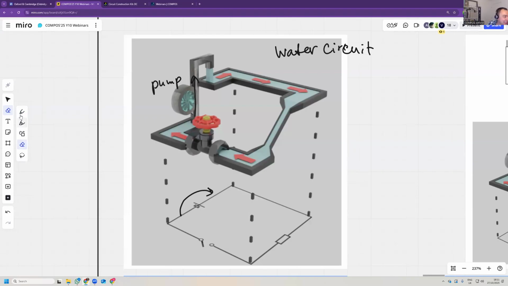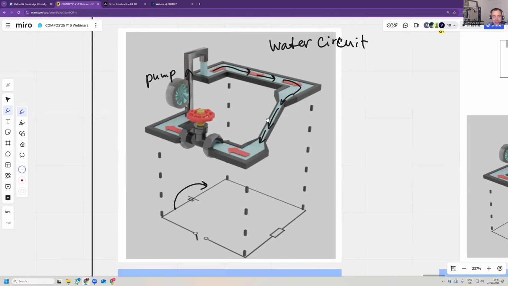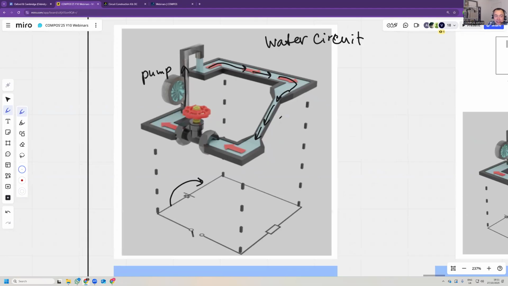Now then, as the water runs along these gutters and then rushes through a narrow pipe, let's say it does useful work. So you could put a wheel there. This water pushes through that resistor, and as it does so, it loses energy.